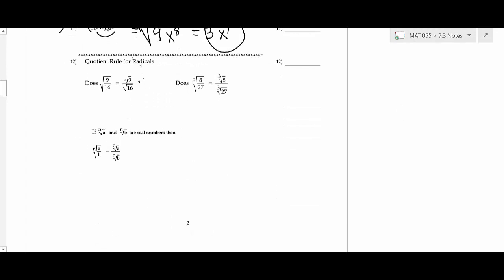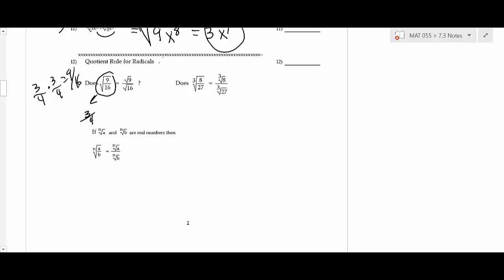Next thing we're going to do is the quotient rule, which is very similar. Multiplication and division work the same way. If you were doing the square root of 9/16, the answer would be 3/4, right? The reason for that is if you did 3/4 times 3/4, you get 9/16. Agreed? We've done square roots of fractions before.